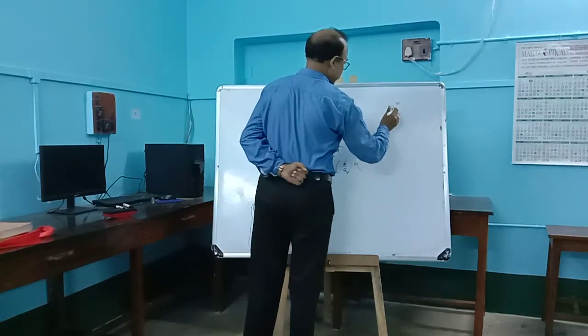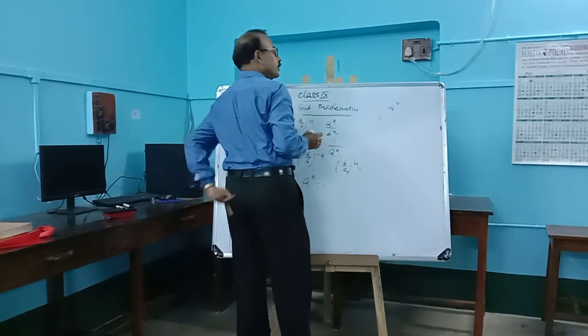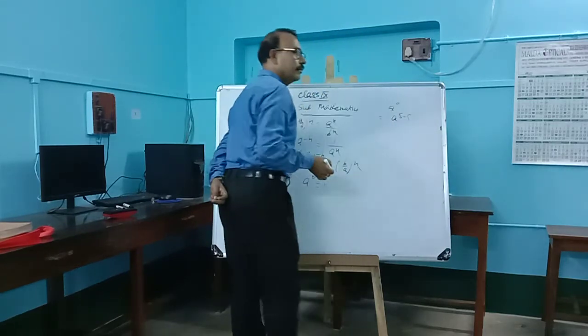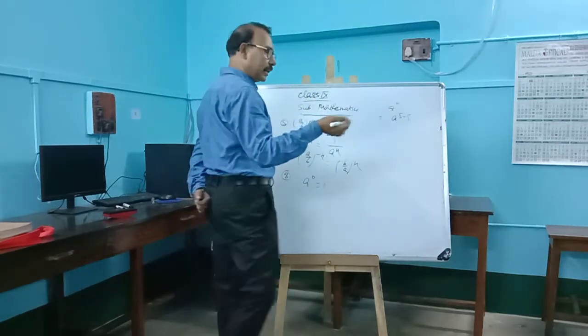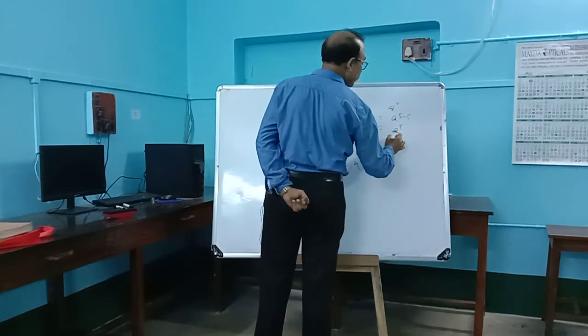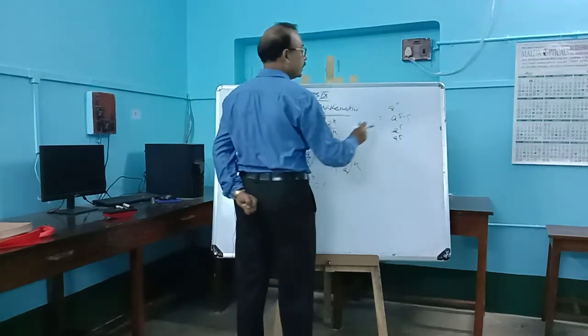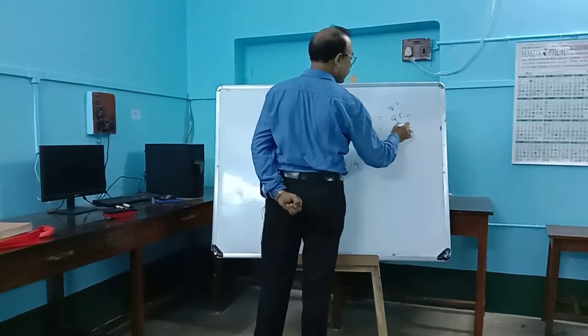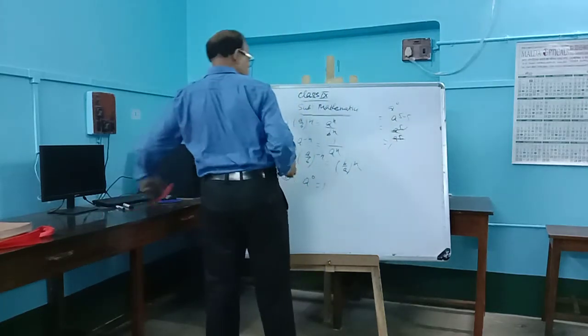In place of a to the power 0, can we write a to the power 5 minus 5, or 2 minus 2? A number minus the same number. Then a to the power 5 by a to the power 5. In the case of minus, with the same base, this will be division. Cancel, 1.